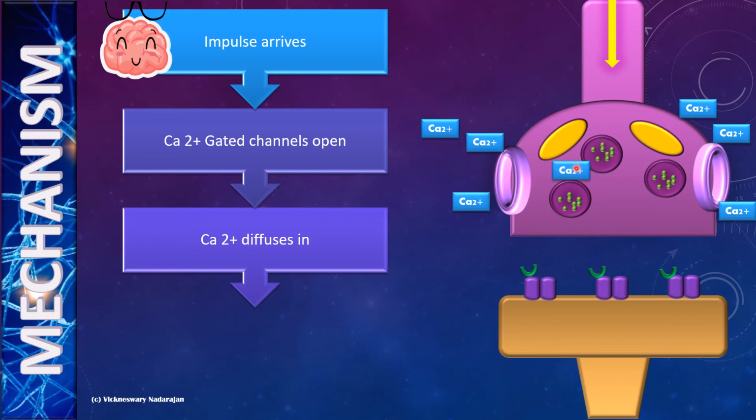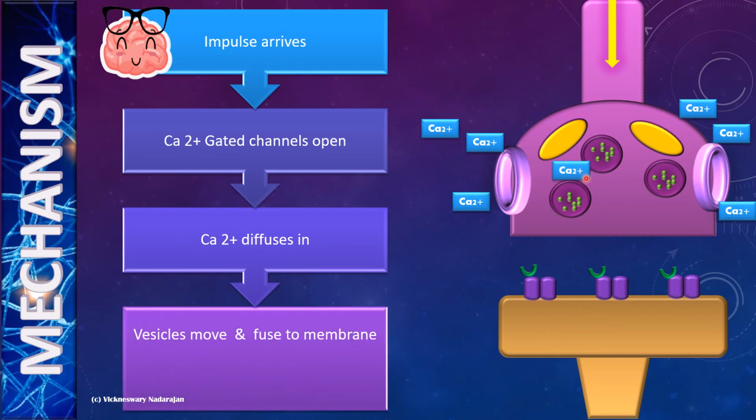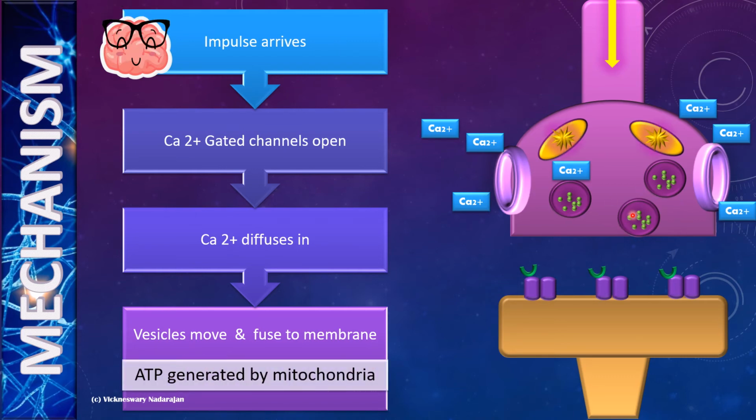Now, once the calcium ions are in the synaptic knob, the calcium ions will stimulate the synaptic vesicles to move down to the presynaptic membrane. The movement of the vesicle requires ATP, and that ATP is generated by the mitochondria.